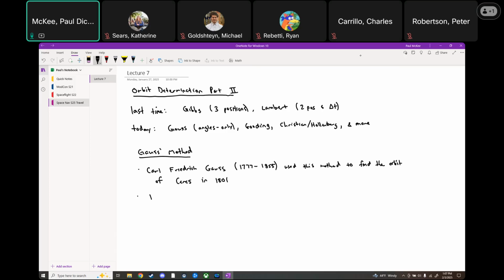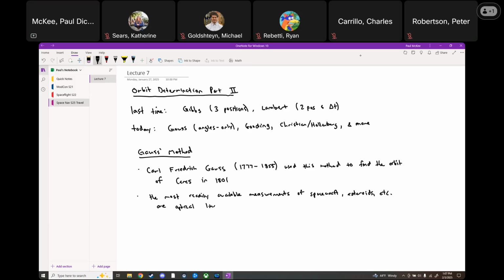Now, the most readily available measurements of spacecraft, asteroids, etc., are optical line of sight measurements. We'll abbreviate that as LOS.